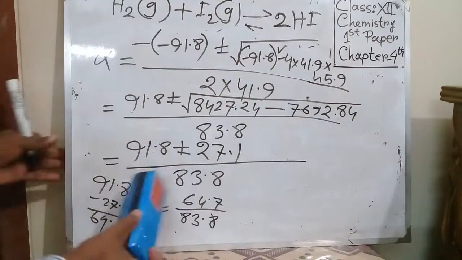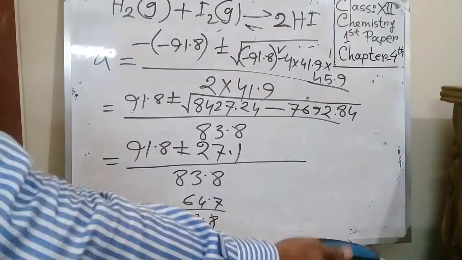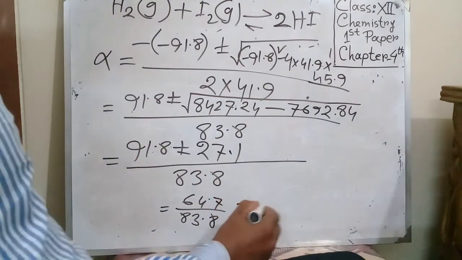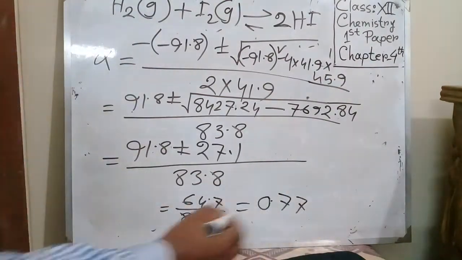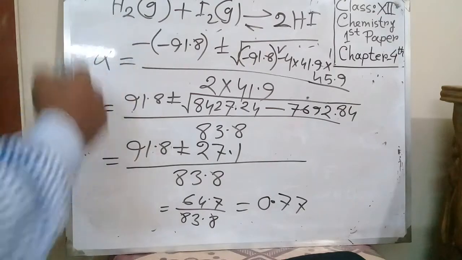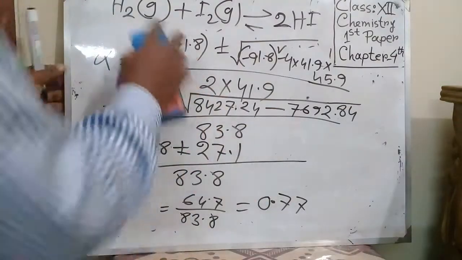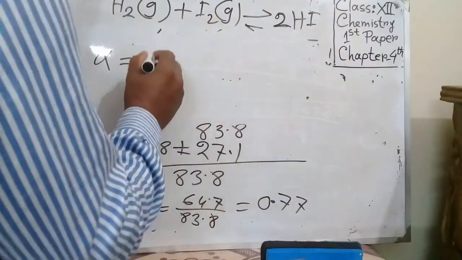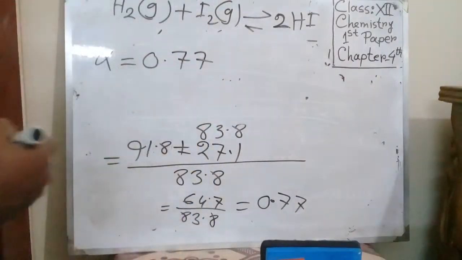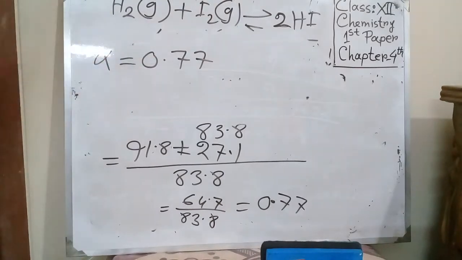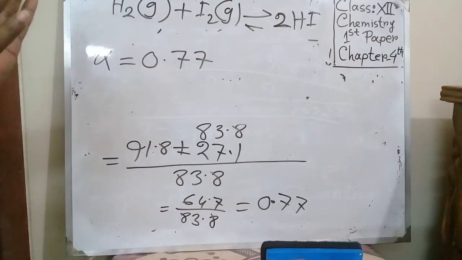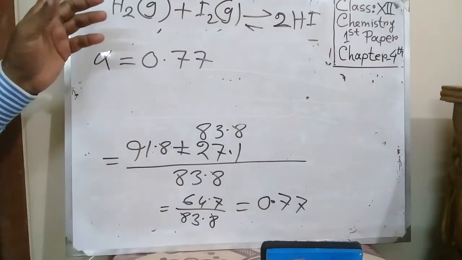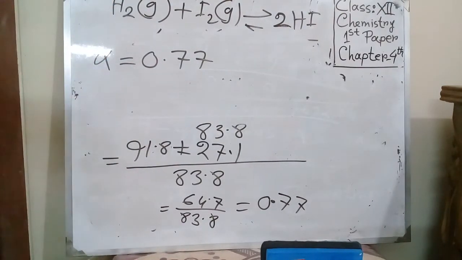If we divide this one, we can get 0.77. So this one is the value of alpha. Value of alpha is 0.77 mole. We have taken 1 mole, and 0.77 mole of hydrogen and 0.77 mole of iodine were converted into hydrogen iodide.